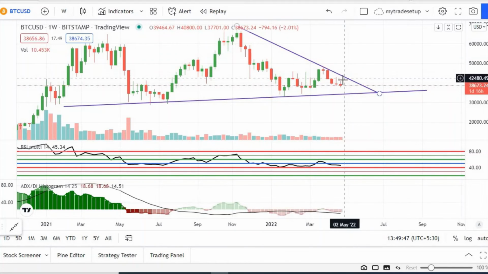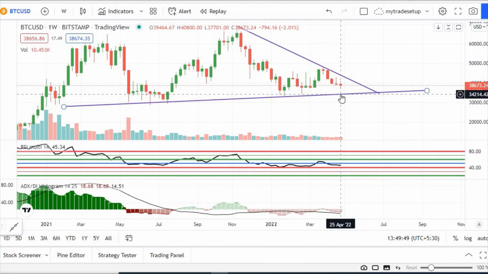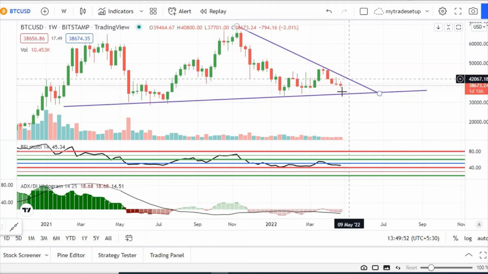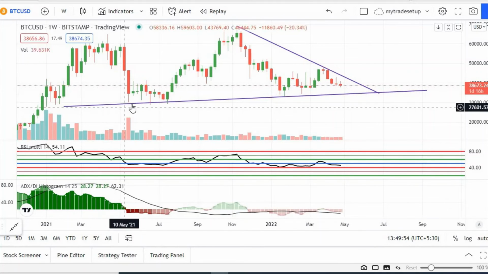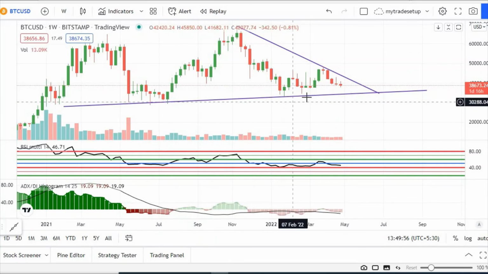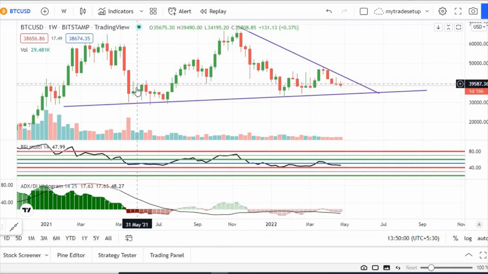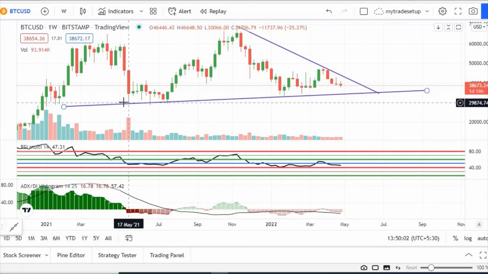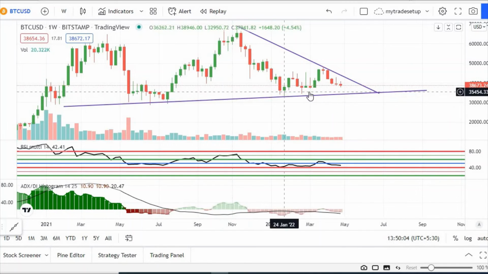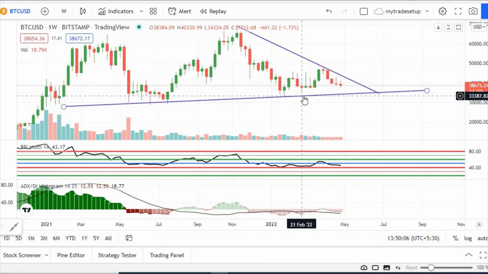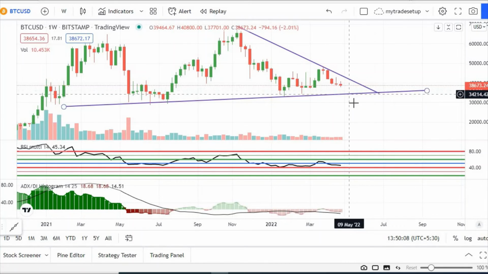Even if Bitcoin tries to make a huge move next week, this particular trend line should offer very strong support. I'm seeing this on Bitstamp, but on Binance perpetual futures we can clearly see that 1, 2, 3, 4, 5 times this trend line offered very strong support in the weekly time frame, right?